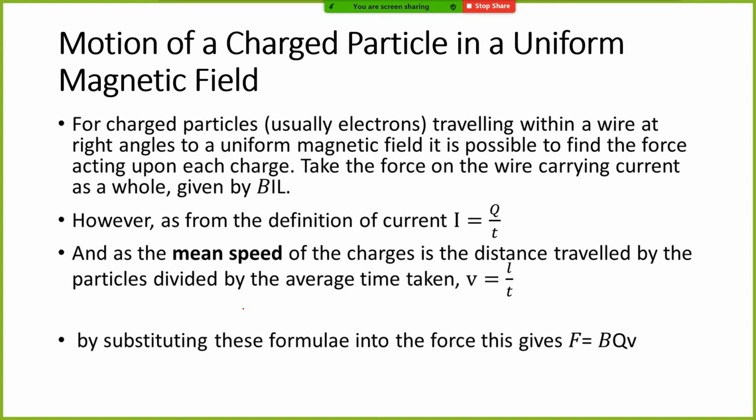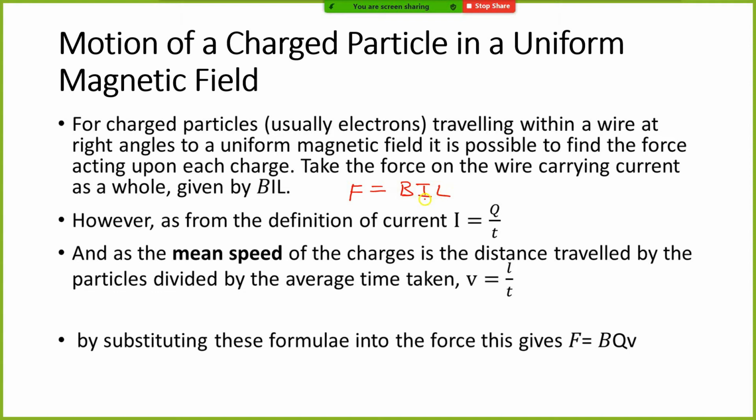Firstly, we have to take the force that is experienced on the wire. That force is equal to BIL, basically the magnetic flux density times the current times the length of the wire.